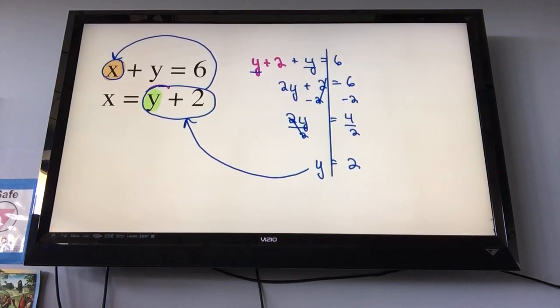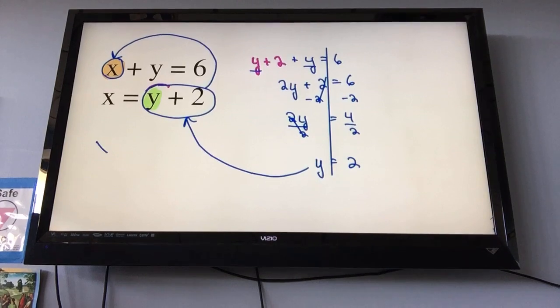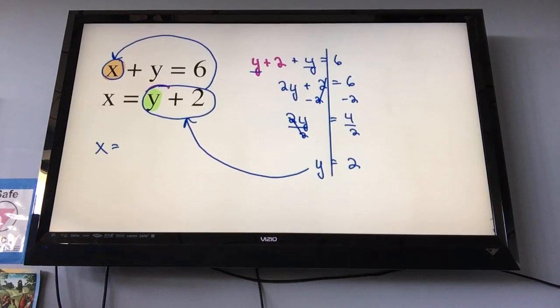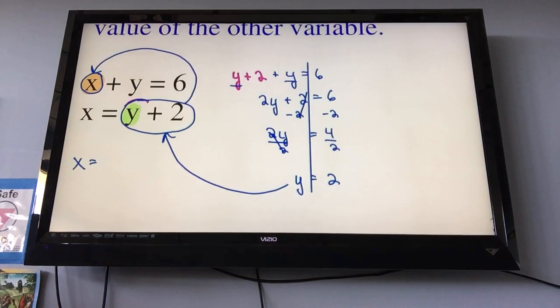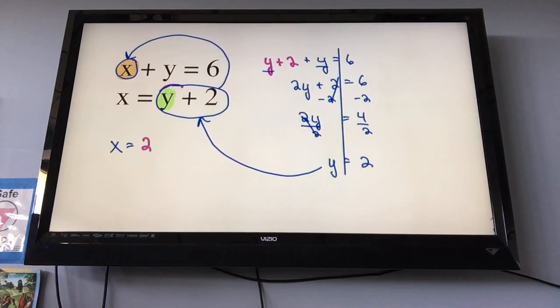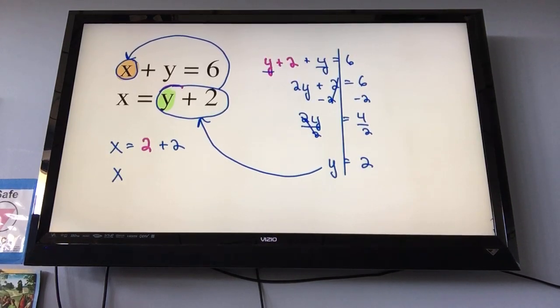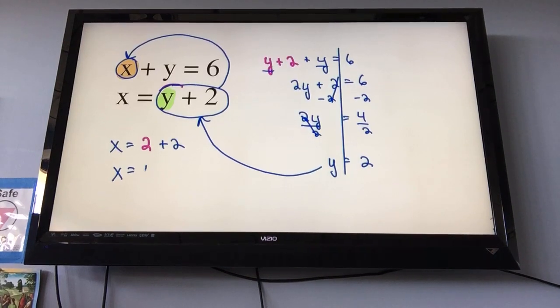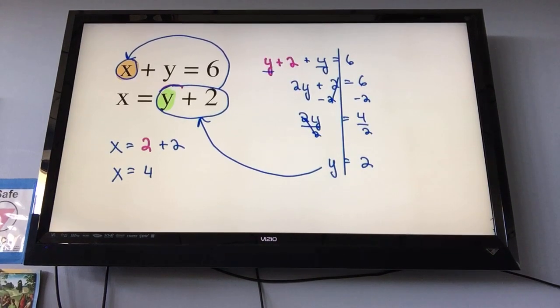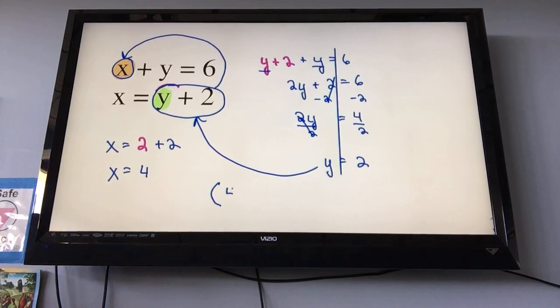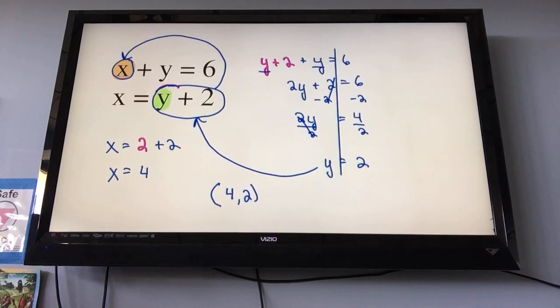We now know the value of y. So I plug that in for the y, and then I solve that. 2 plus 2 is 4. And we write our answer as an ordered pair, just like we did with the graphing.